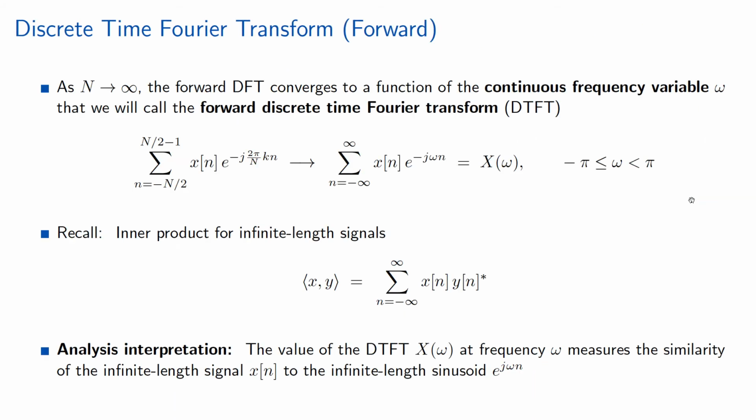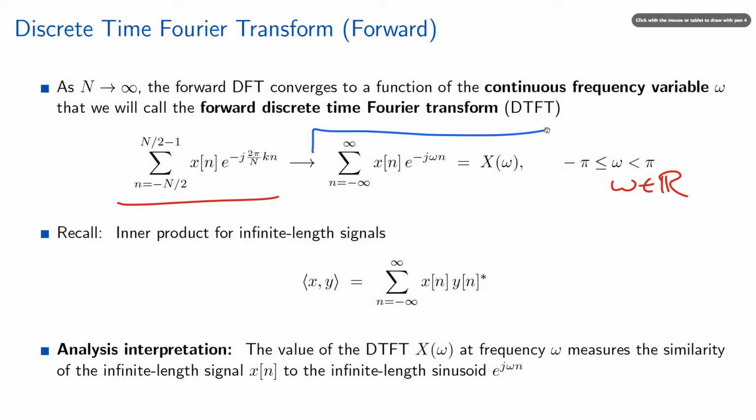So this limiting process, letting n go towards infinity, naturally will give us an infinite sum. And moreover, the fact that the frequencies are becoming closer and closer together will naturally push us towards a frequency omega that is a real number and ranges from minus pi to plus pi. And we're going to call this formula the forward or the analysis discrete time Fourier transform, or DTFT.